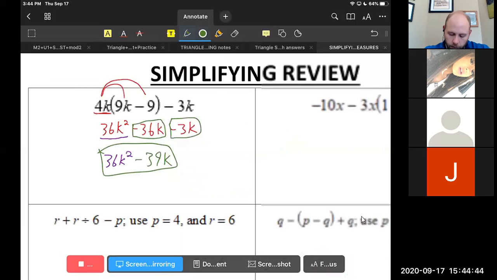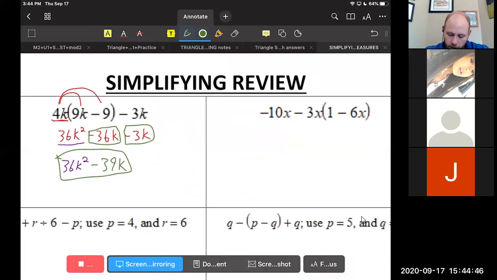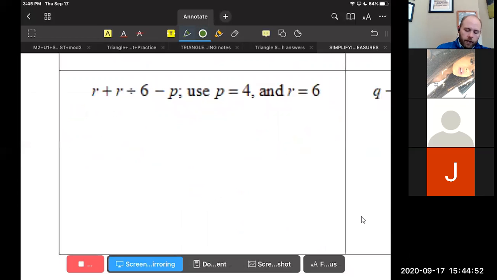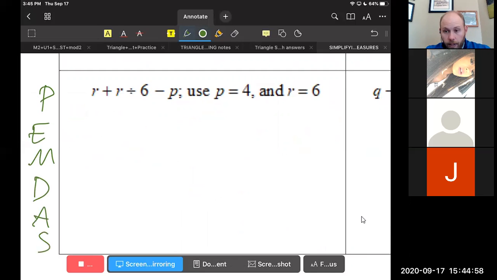Okay. You guys can do this one on your own, this one right here, because I want to get through these. Okay. So for this, we are going to use PEMDAS, but first we have to plug in some numbers. Okay. This is called evaluating expressions. All right. I have r plus r divided by 6 minus p. Well, I have no idea what values r and p are until I read further and they tell me what numbers they are.